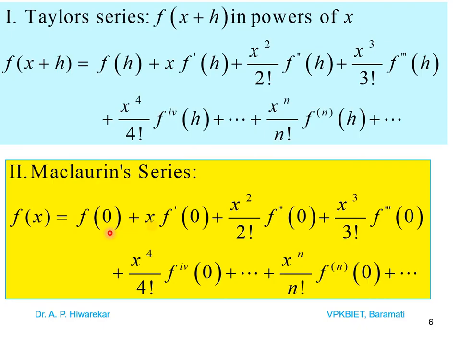So f of x is f of 0 plus x into f dash of 0 plus x square divided by 2 factorial into f double dash at 0 plus x cube by 3 factorial into f3 dash at 0 plus x to the power 4 by 4 factorial into f4 dash at 0, and so on, x to the power n by n factorial into fn dash at 0. So these two results are the most important, called Taylor's formula as well as Maclaurin's formula.